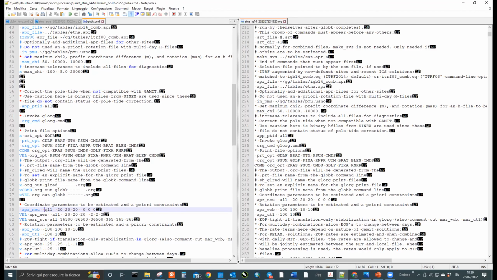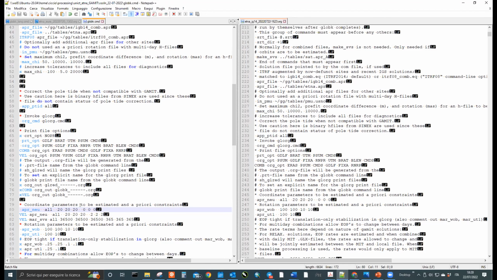So you're estimating position only, no velocity. But because you ran the program GlobK, it combines all of your H files together into one solution.